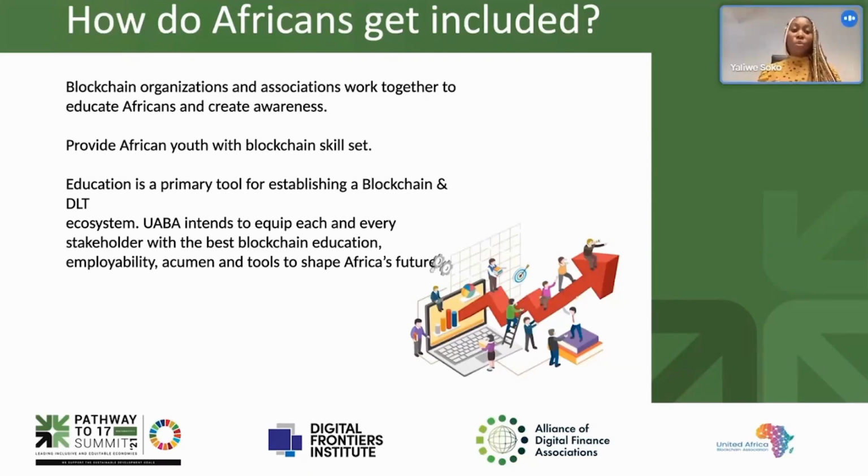UABA intends to equip each and every stakeholder with the best blockchain education, employability, acumen, and tools to shape Africa's future. I'll get a little deeper into what UABA is doing, but this is how Africans can get involved, and also by taking up blockchain courses. I know DFI is offering blockchain and cryptocurrency courses right now, which is very fundamental and informative. So just get involved and learn a little more about what's happening around the world in this space.